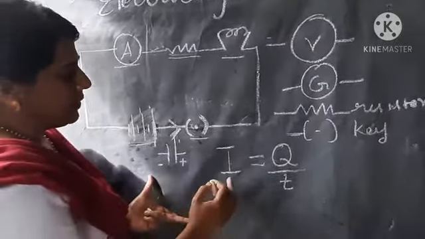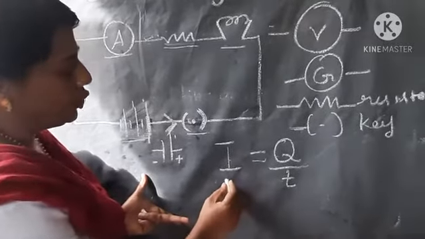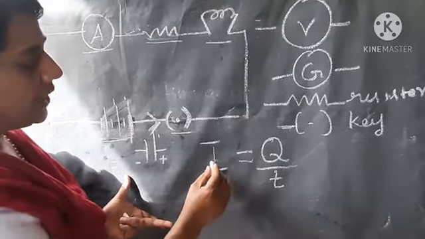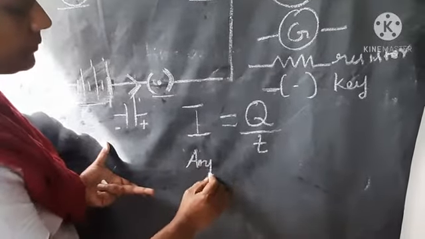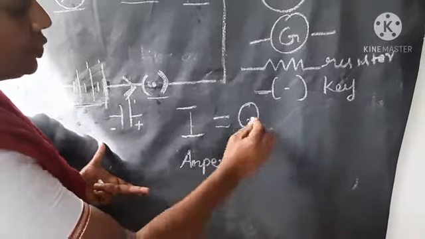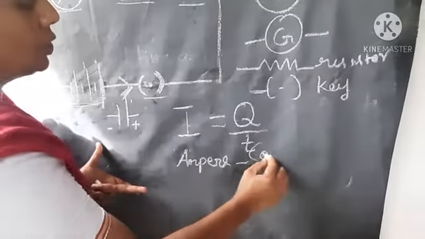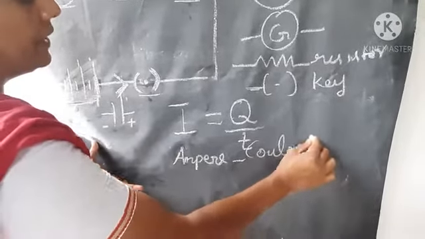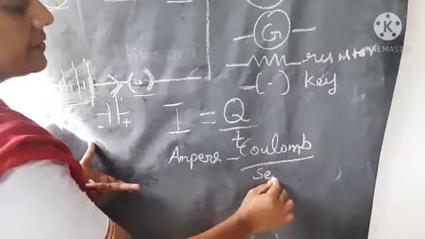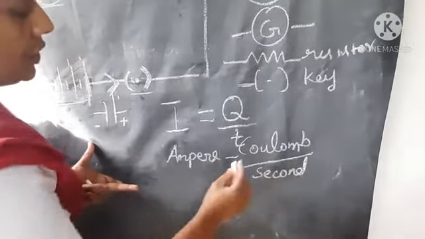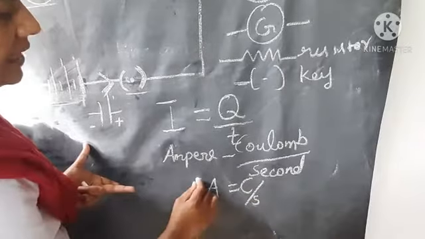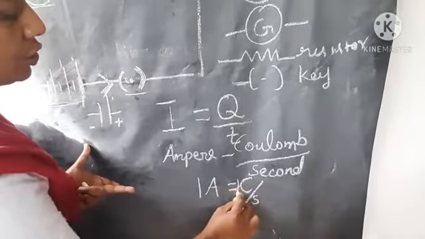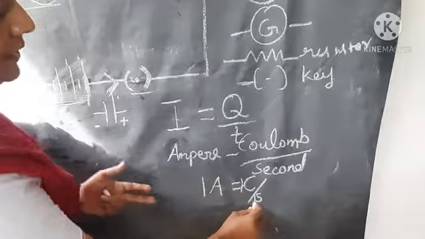In physics, there will be a unit for everything. The unit for current is ampere. And what about the unit for charge? It is coulomb. And time, it is second. So, 1 A is equal to 1 C by 1 s.